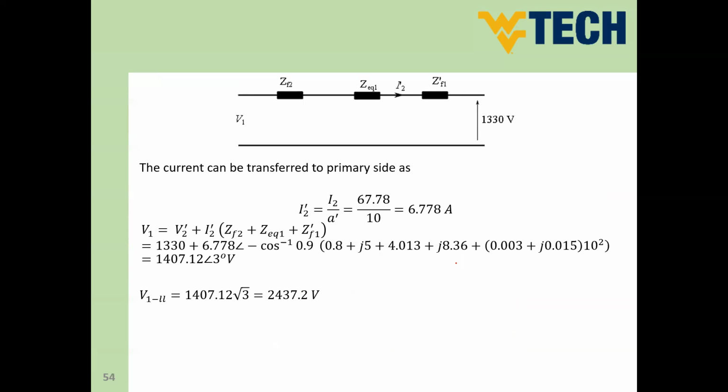So we can say here V2 prime plus I2 prime times this feeder impedance. But take care, we have to refer this to the primary side. Z equivalent 1, we already calculated. And Z feeder 2 is already on the primary side. So if we say now V1, it would be 1330 plus the current times the summation of these impedances.